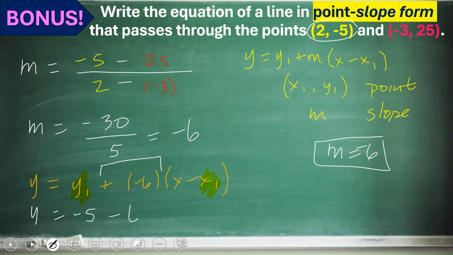So I'm just going to write this as -6 times the quantity x minus. This is always x minus, okay? And then in for that, x sub 1 is our x coordinate, which is 2. And we are done. That is how you find the equation of a line in point slope form.